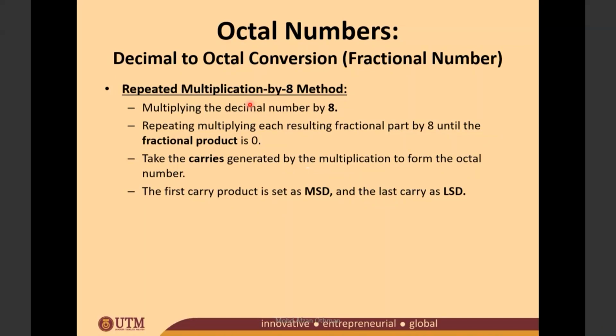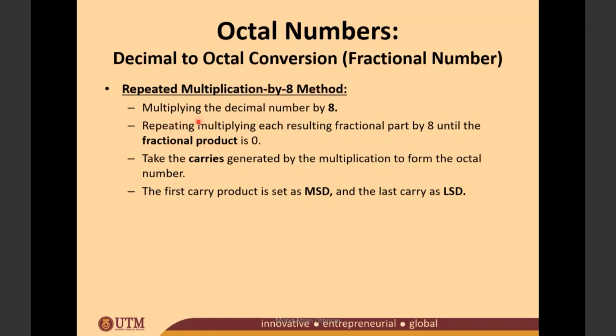Okay, sama. Alright, so next kita nak tengok decimal to octal conversion tapi untuk fractional number. Since kita nak tukar kepada fractional number, so kita guna multiplication by 8 method. Dia sama juga dengan yang binary tadi, multiplication by 2 method. But this one here, we use a multiplication by 8 method.